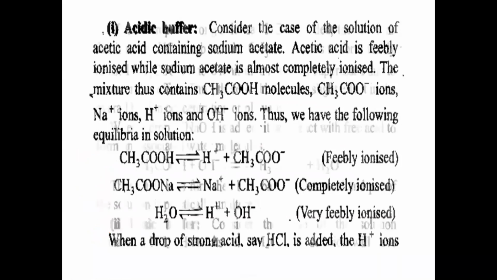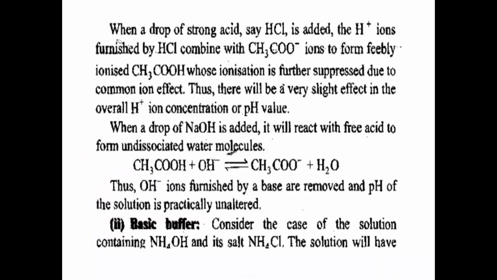Now in this acidic buffer, when a drop of strong acid, say HCl, is added, the H plus ions furnished, meaning given, by HCl combine with acetate ions to form weakly ionized, feebly ionized acetic acid molecules.